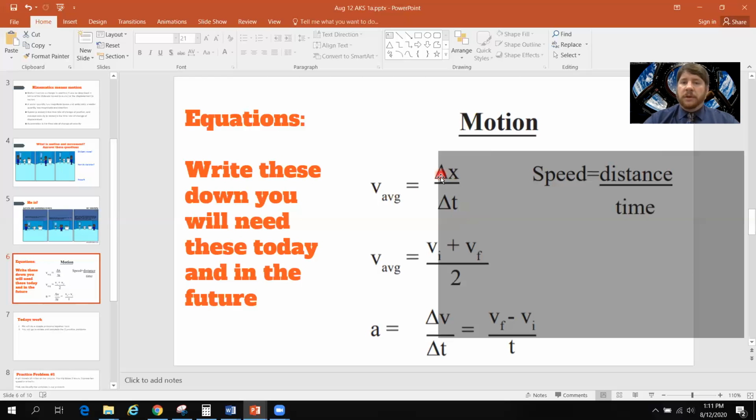Now, the whole delta or change in part of this equation is a little unnecessary, because on most of the problems we're going to work with where you would calculate average velocity, the amount of distance traveled or the amount of displacement that has occurred is going to be equal to delta x, the change in position, and the total amount of time given is usually going to be equal to delta t, the change in time.